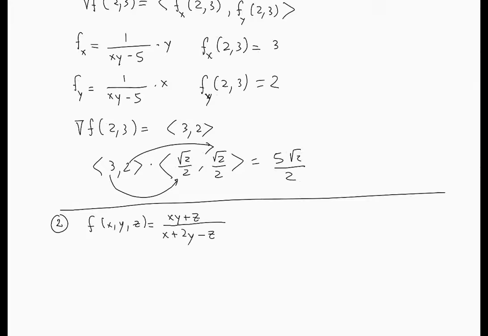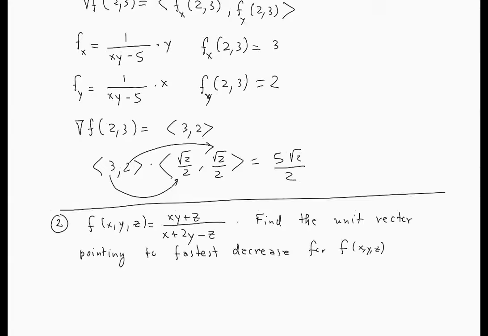And we want to find the unit vector that points to the direction of fastest decrease for f of x, y, z at the point (1, -1, -2).